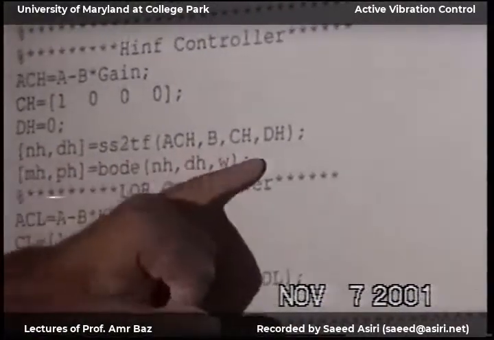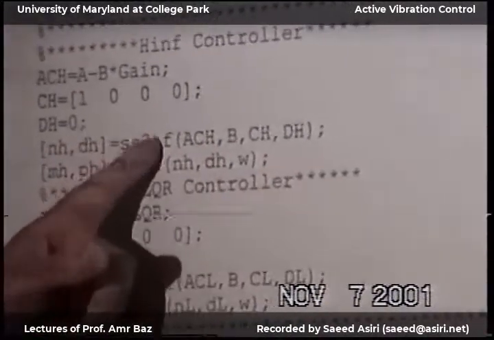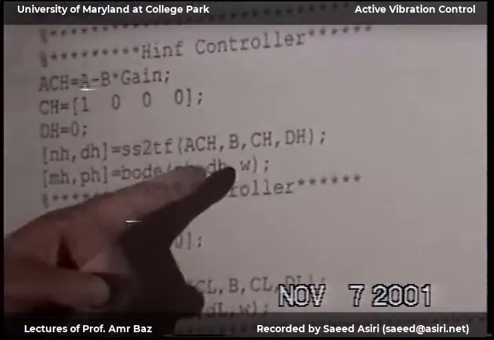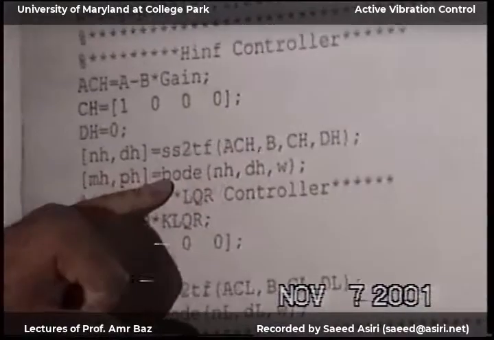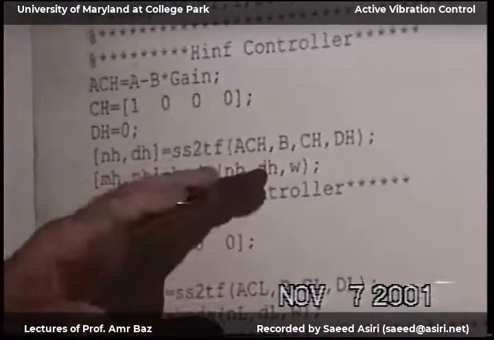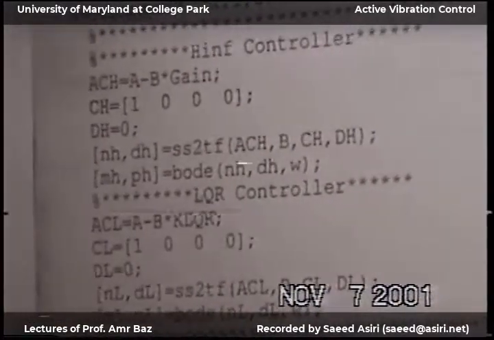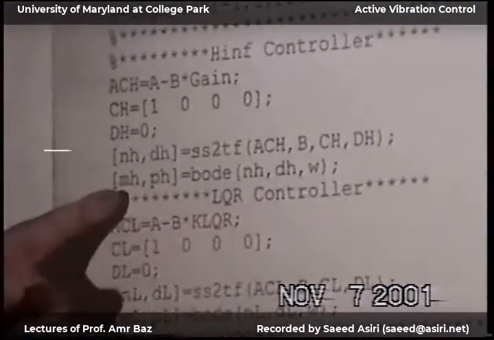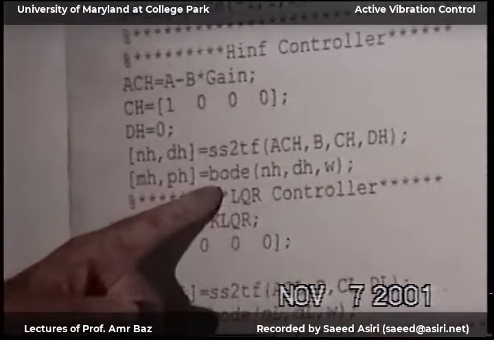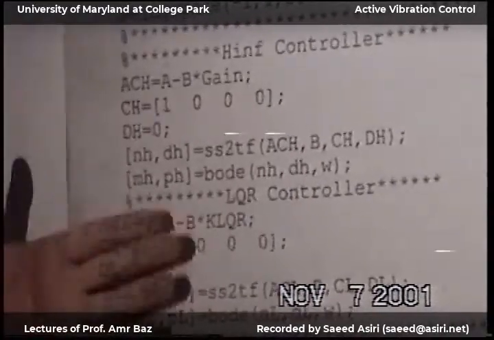Then I apply the state space to transfer function, and then plot. Because I took here the A closed loop, then I can do the Bode diagram directly, or I can get the open loop and then use the closed loop command to determine the magnitude and the phase. The same for the LQR, and then I'll plot the result.